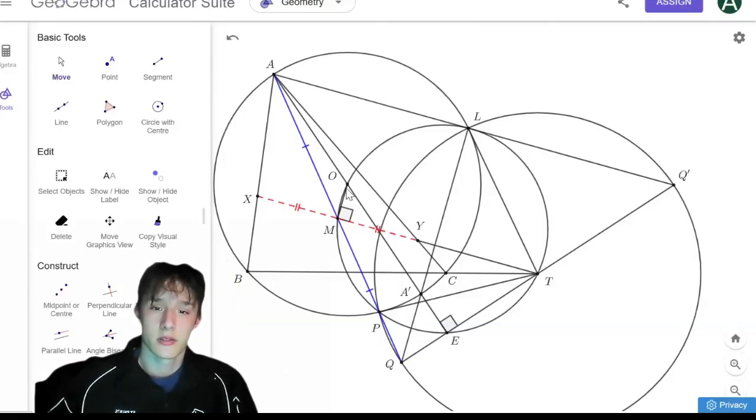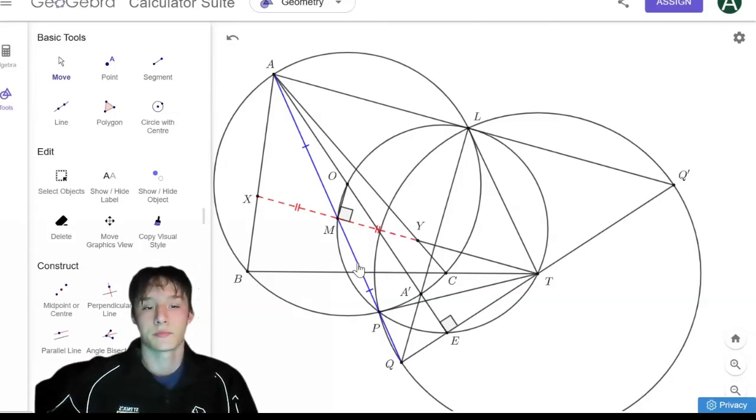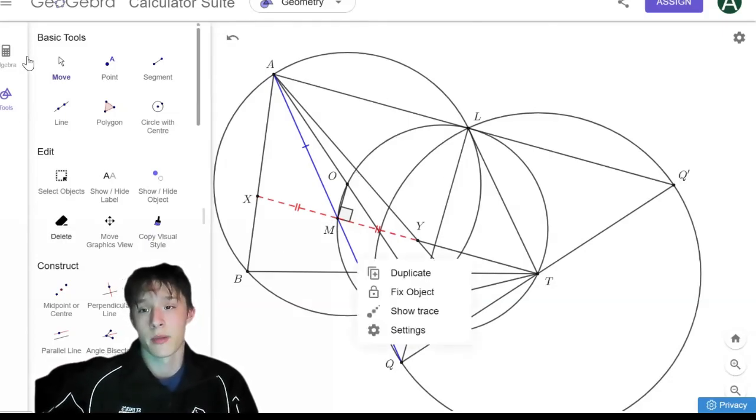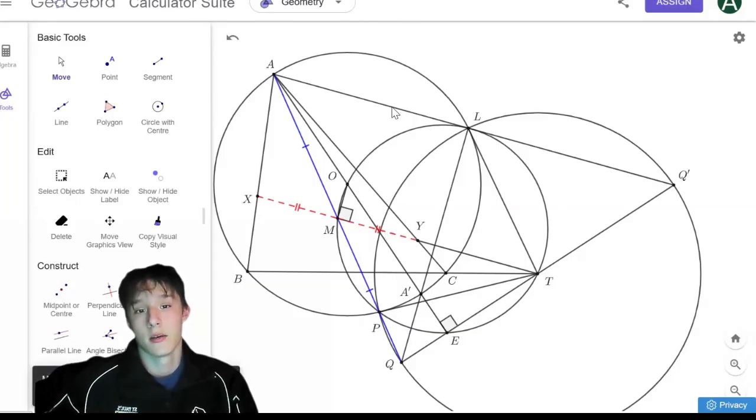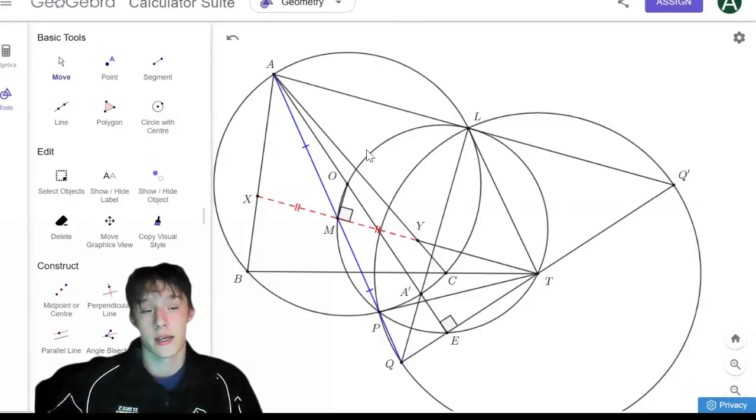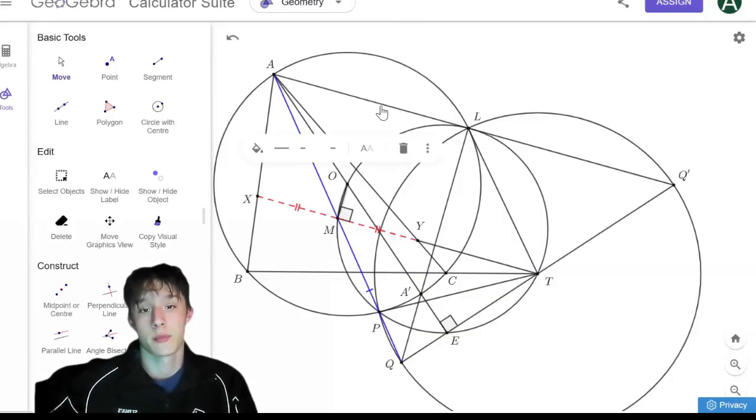I didn't think that it was going anywhere, so I looked at it from a different angle. What we actually want to show is that OM is the perpendicular bisector of XY. Because XY is parallel to AL, the perpendicular bisector passes through O and is a line perpendicular to it.